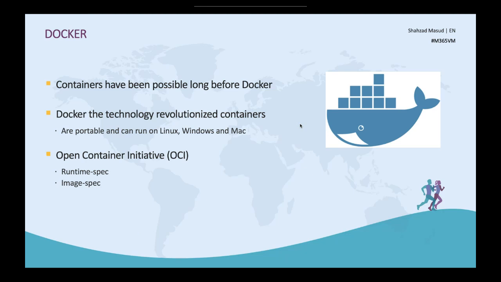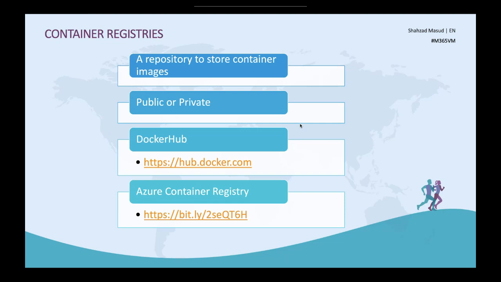Let's take a deep dive into the history. Containers existed long before Docker, with the name of the runtime spec and image spec, as open source initiatives already present, but they were not as revolutionized as they are right now under the umbrella of the blue whale, that is Docker.